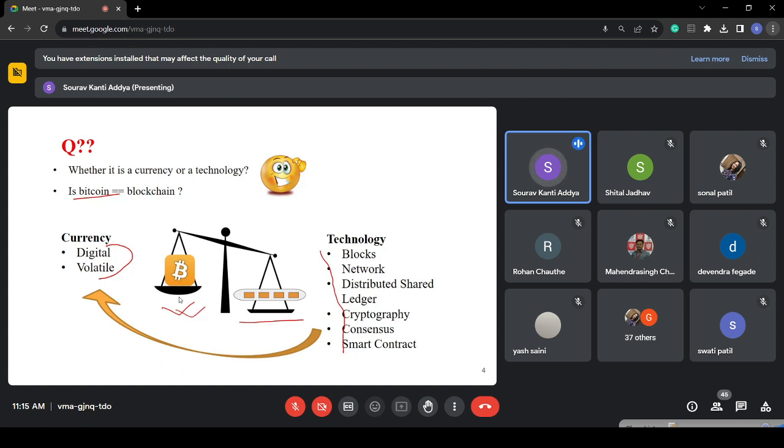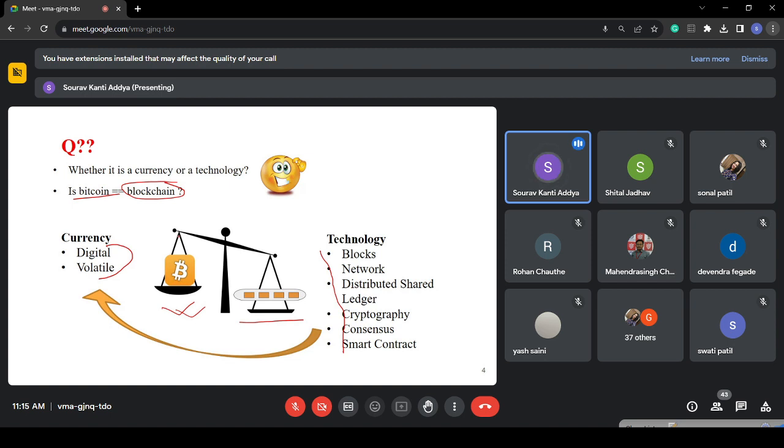If I tell it in a very simplified way, our main discussion point is not Bitcoin, it is blockchain. Why did I keep this slide? Because whenever I go to any talk or discussion, people have this misconception that Bitcoin and blockchain are the same, or synonyms, or that Bitcoin is heavier than blockchain.